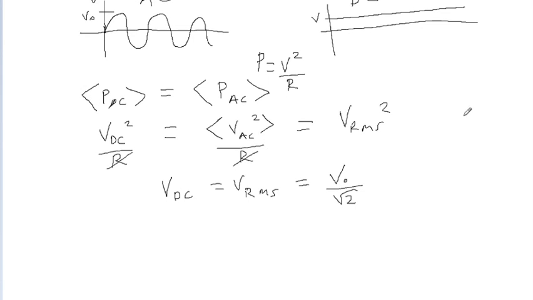And similarly, IRMS would be the equivalent current also in a DC circuit.